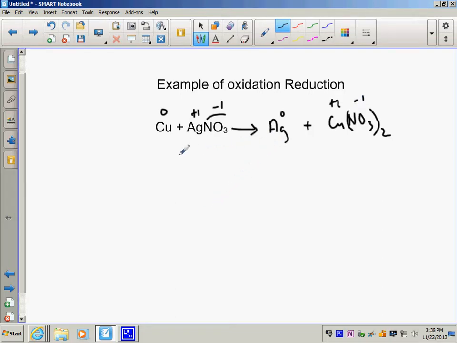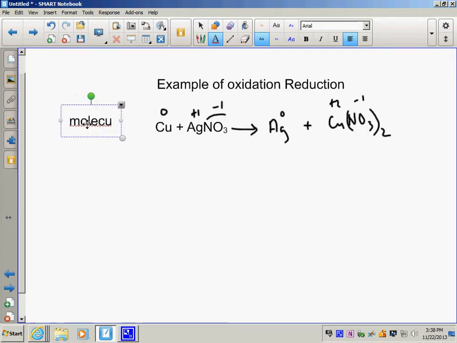There are a couple of ways we could write this reaction, and we'll talk more about it as we go, but there's a method which we would call a molecular equation, and that is the one that currently is listed right here. It's showing ionic compounds together, even though it's not technically together. Now, if I were to write this out as an ionic equation, I would simply separate out the individuals that are ionic and break them apart.